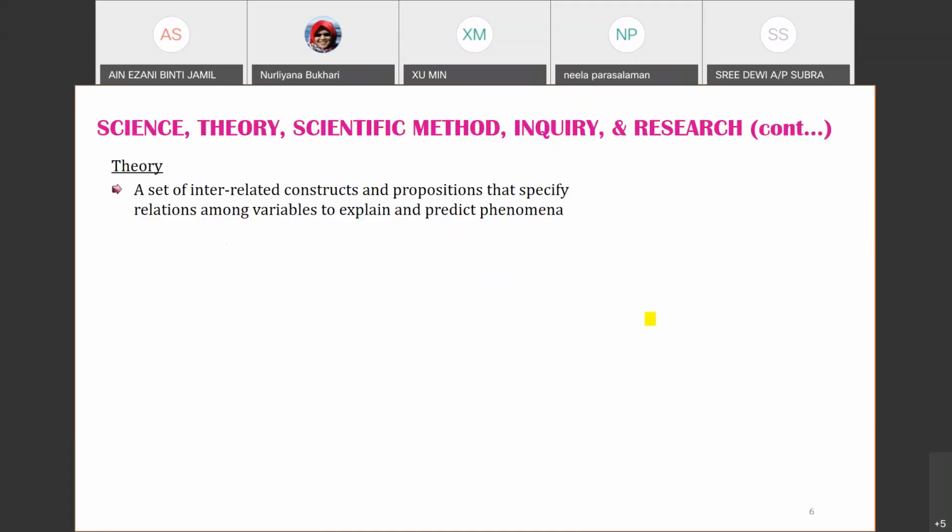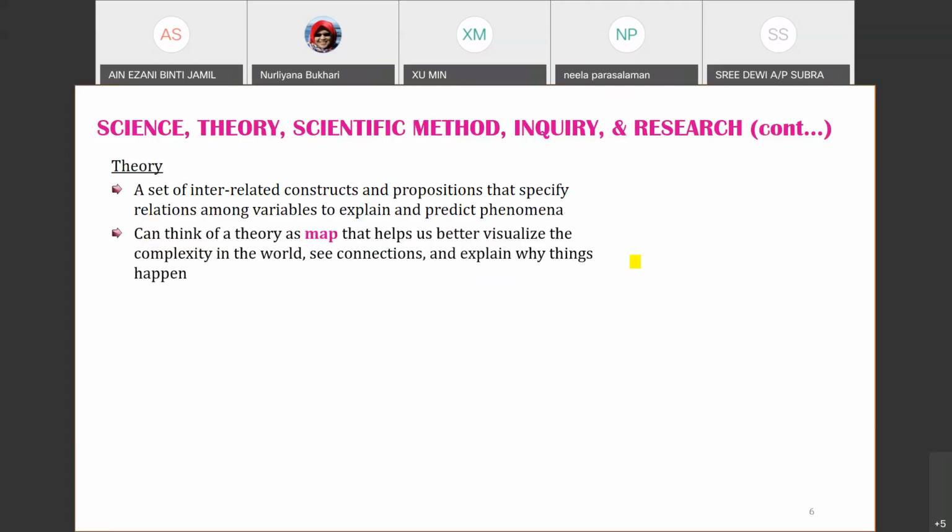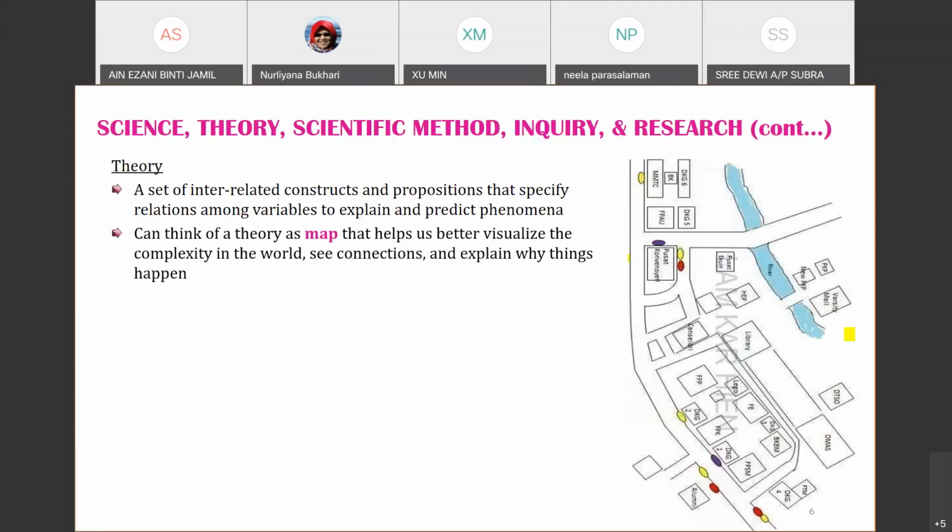Just now we said we are looking into human relationships, or human society. So what causes certain humans to behave in certain ways, and how these variables are related. Some people think of it as a map, with all the buildings as variables, and these variables are interconnected. For example, this is the old map of UUM.